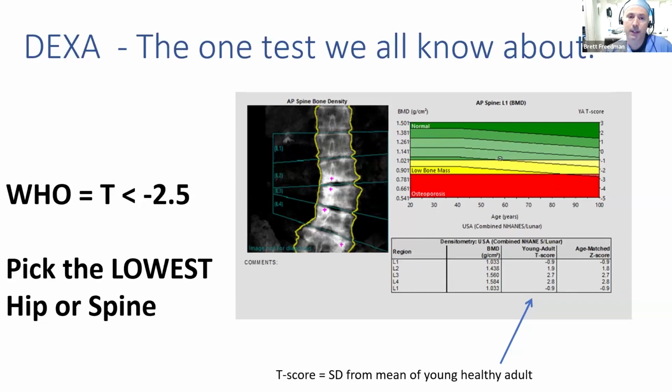You saw in Keith's patient that the patient had horrendously low T-scores. Minus 5.4, I think, was the lowest. And so you look at your T-scores, you look at the lowest T-score, that's the one you're going to choose to define whether or not they have osteoporosis. I imagine we're all familiar with the WHO criterion. If it's less than 2.5 standard deviations below a young healthy mean, then you have osteoporosis.